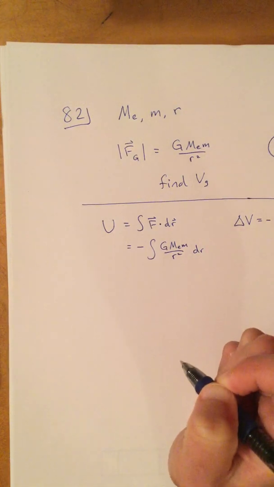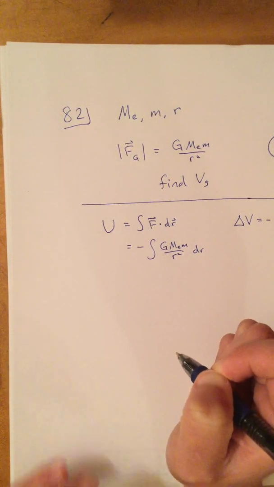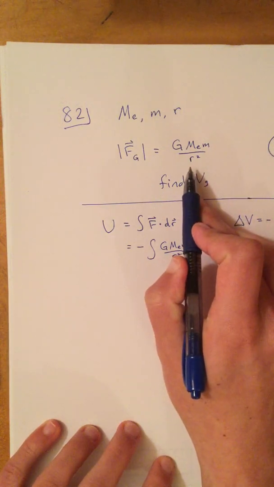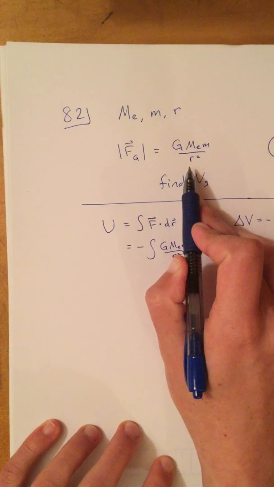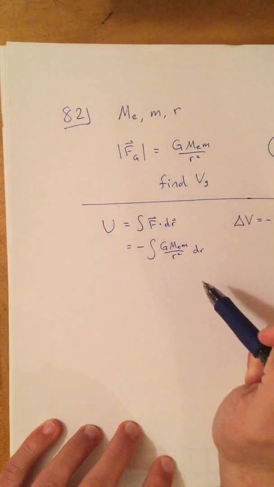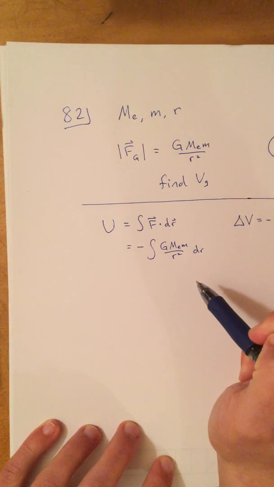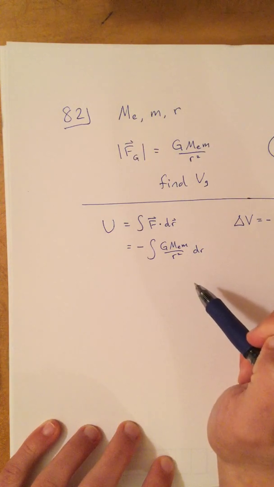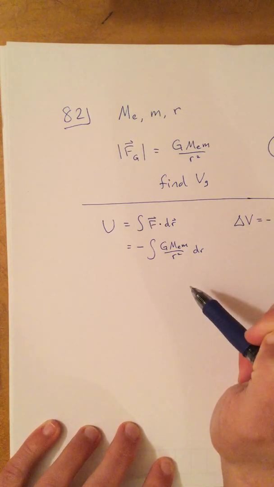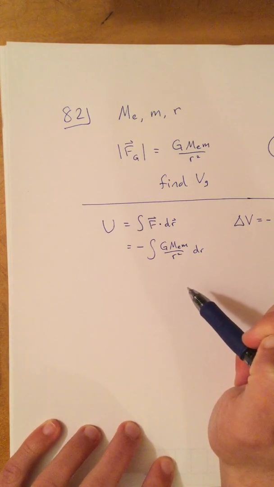This should remind you very much of the integrals that you saw in Physics 261. We saw before that the equation for the force of gravity is very similar in form to the equation for the electric force. And you can do something similar with the electric force to find the electric potential energy, which you should have done in Physics 261.